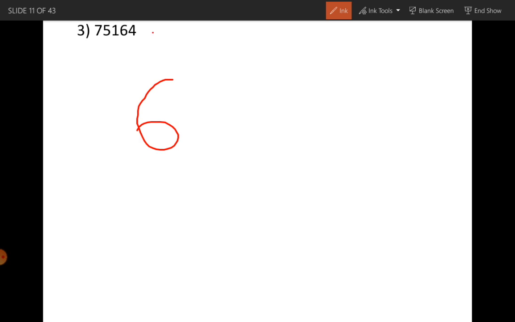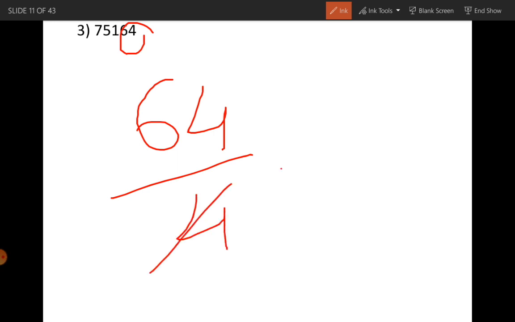Here the last two digits are 64. 64 divided by 4, 4 ones are 4, 6 fours are 24, 16 fours are 64, which is completely divisible by 4. So this number is divisible by 4.